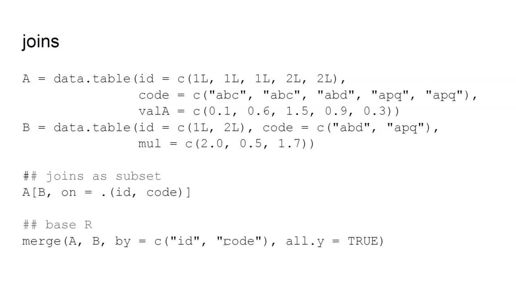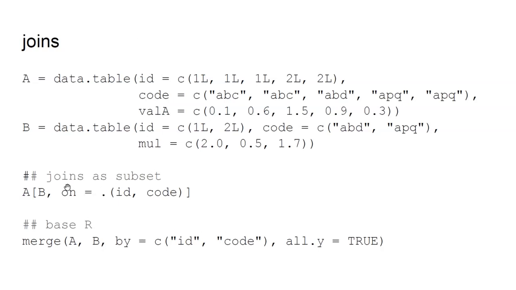I don't have an example presenting a vector here, but that's how base R is designed, subsetting with square bracket. It's basically a right outer join. This here corresponds to the argument all.y equals TRUE, which defines that this has to be a right outer join.